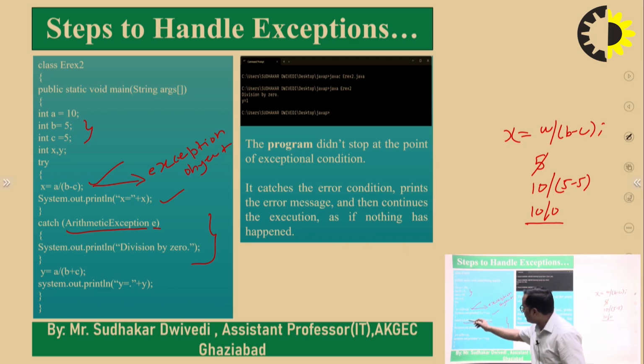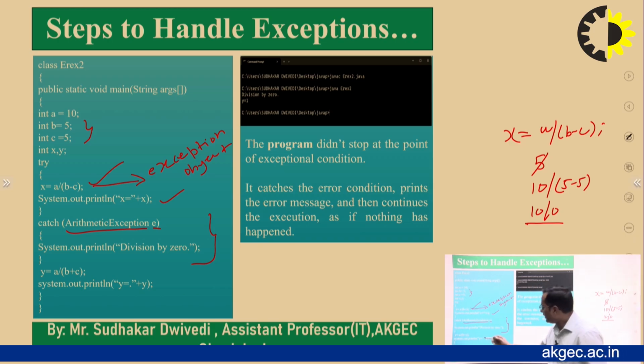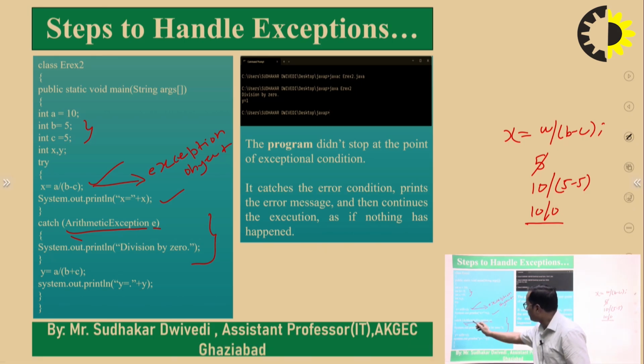So this is the try block that will incorporate the code that may cause the error condition or the exception, and the catch block is just an exception handler. The catch block contains the type of the exception and then the exception object. Here the exception object created is of type arithmetic exception, that is caught here. And what corrective action have we taken here? We have just printed a message, that is division by 0.